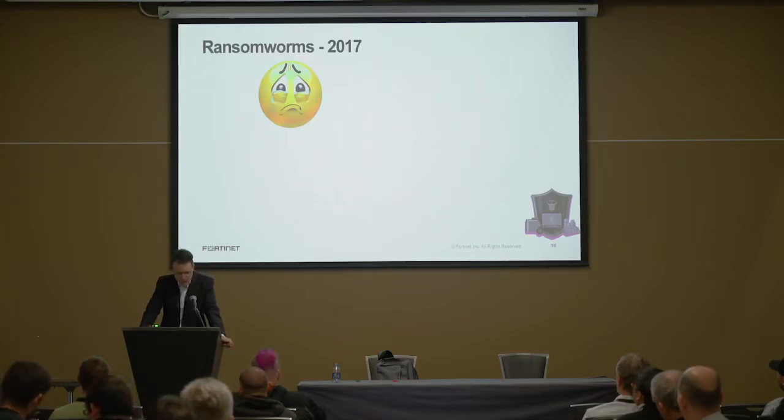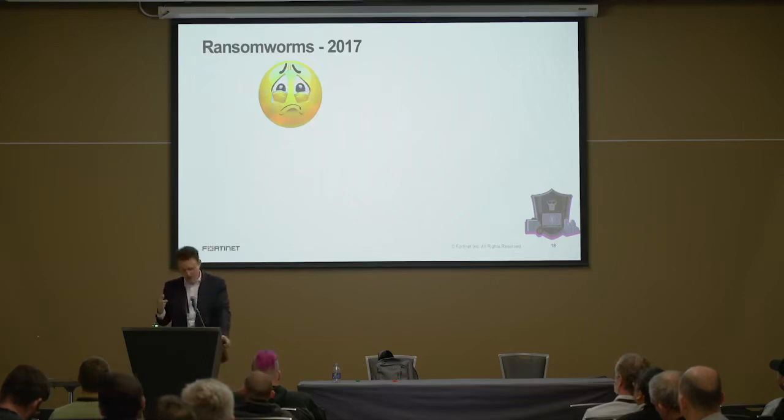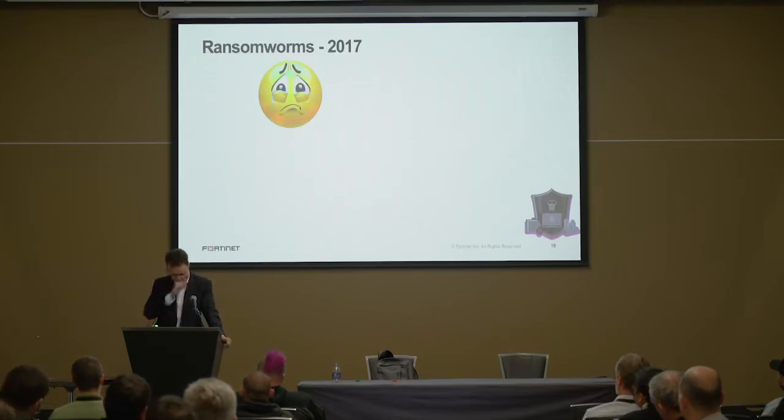It basically leveraged an SMB vulnerability to get into networks, and from there it had a self-replicating payload. Most people think that the initial infection vector was an SMB server that was open to the internet, but that has not been confirmed.